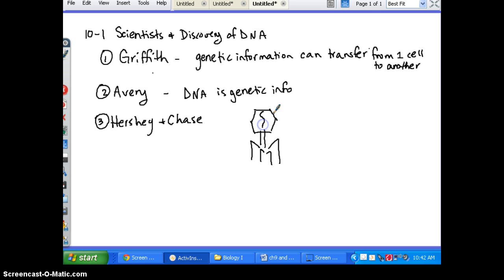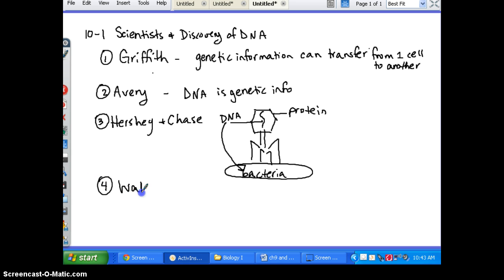It has protein, and it has DNA. They allowed this virus to infect a bacteria, and they found that the radioactive DNA was inside of the bacteria, not the protein. So at this point they determined that DNA is the genetic information being passed on from one cell to another.